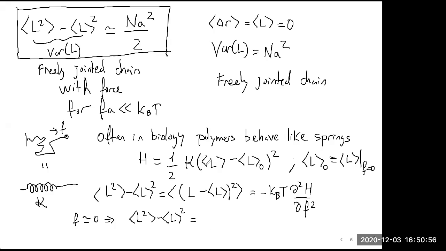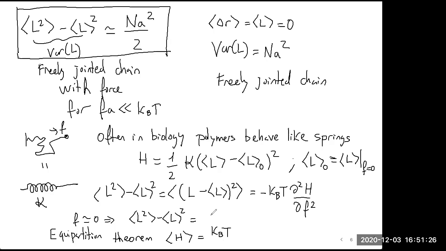So something you can get out of this model is what is called the equipartition theorem. The equipartition theorem says that the average energy per degree of freedom, now the degree of freedom will be L, is KBT divided by the number of degrees of freedom.